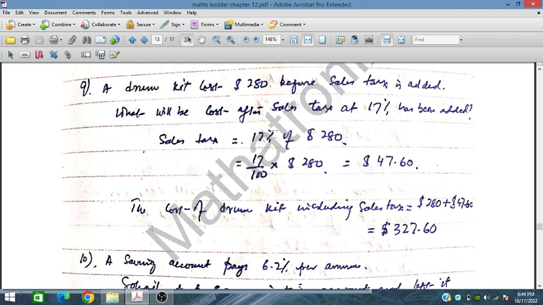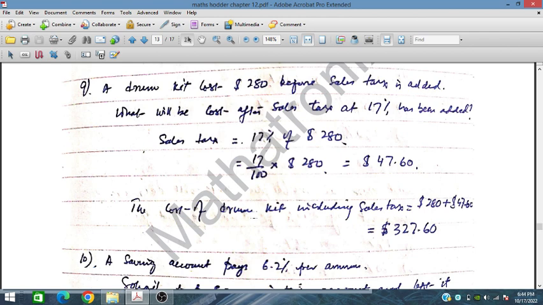So the sales tax would be 17% of this cost, that is $280. 17 divided by 100 multiplied by this cost price is $47.60. This will be added to the cost price to become the price after sales tax.